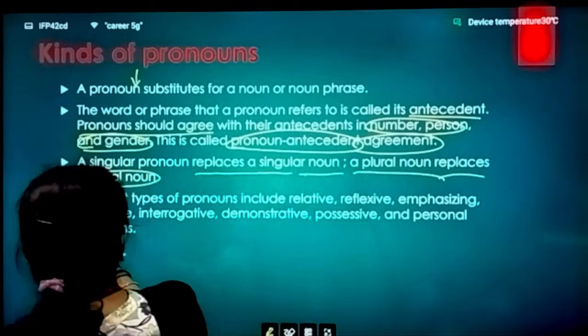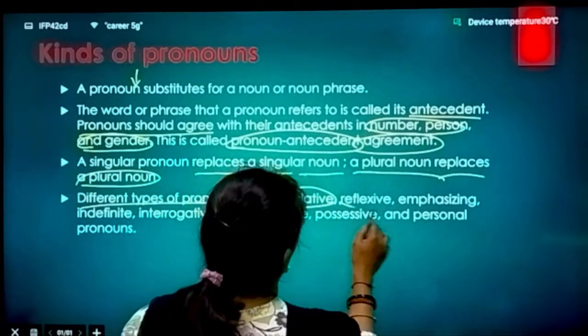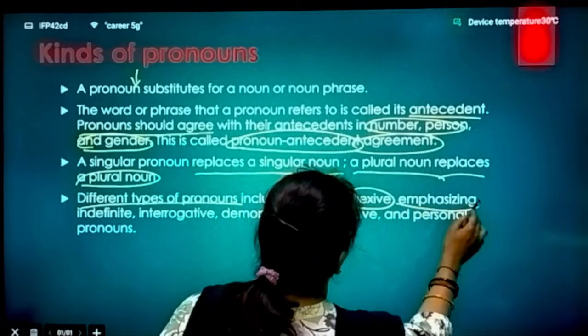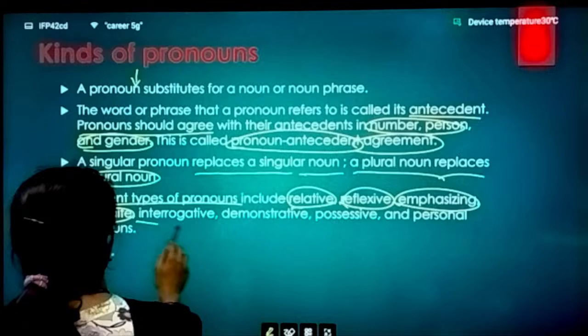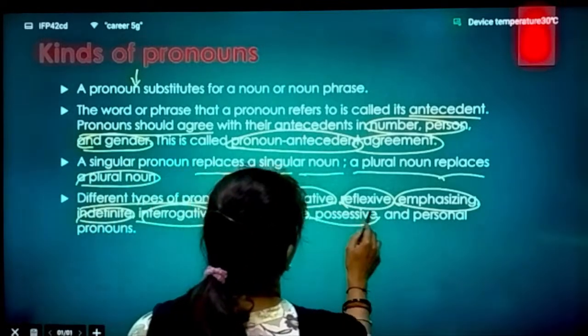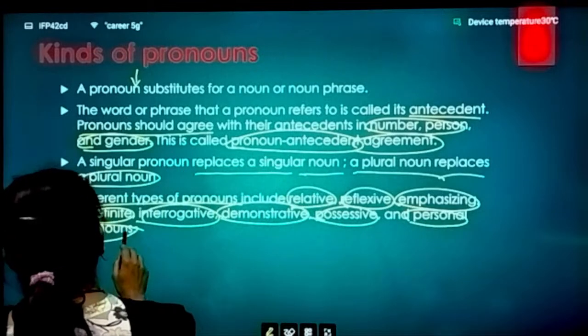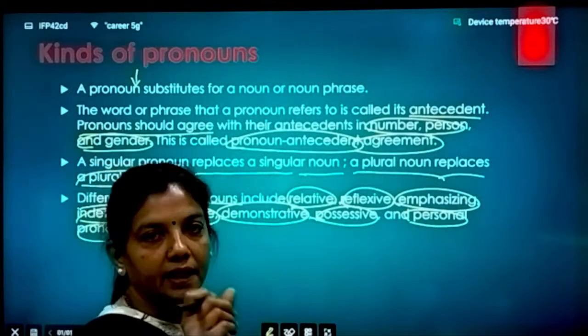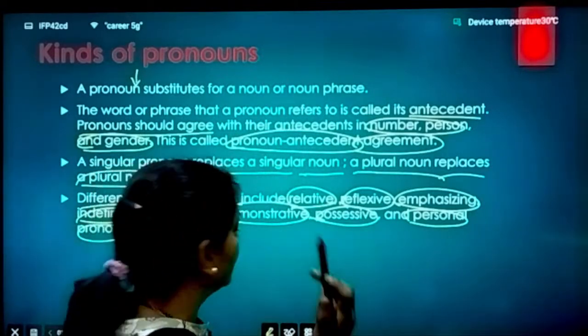So the different types of pronouns include relative, reflexive, emphasizing, indefinite, interrogative, demonstrative, possessive, and personal pronouns. The name itself indicates the meaning of the pronouns. Let's see what all those are, one by one.